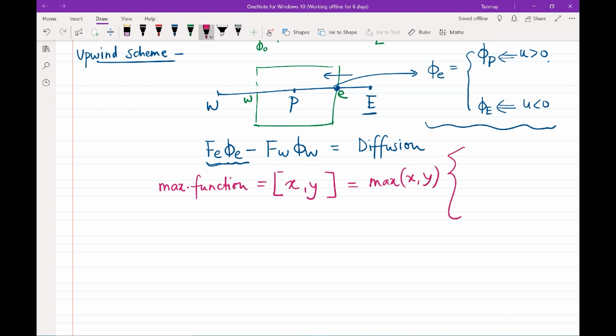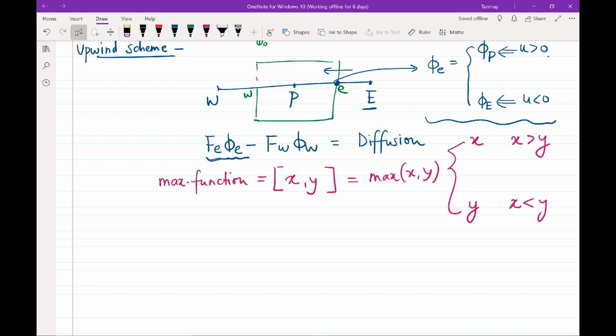So if x is greater than y, then it returns x, and if x is smaller than y, then this function would return y. So based on that, we can write that phi e is equal to phi P times the maximum function of Fe comma 0. So now I have converted this u. You remember that Fe is nothing but rho times u at small e, right?